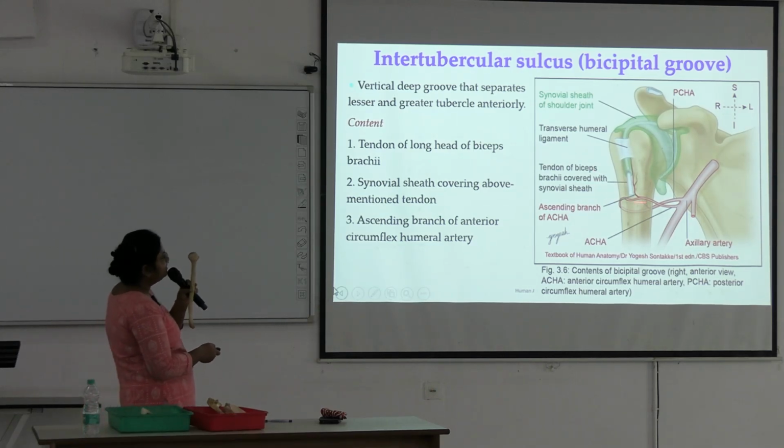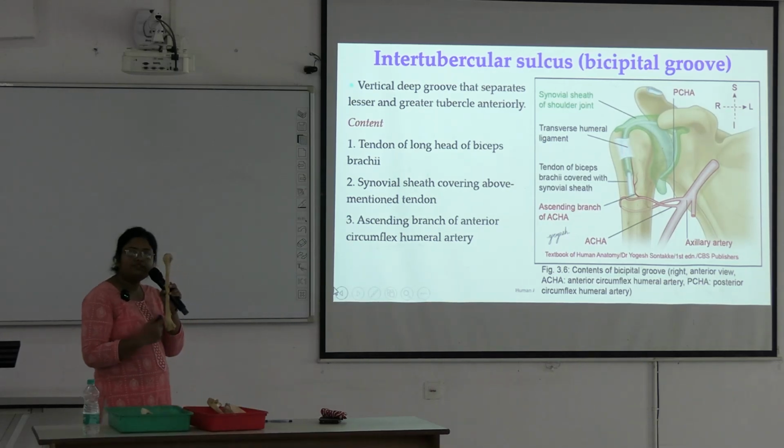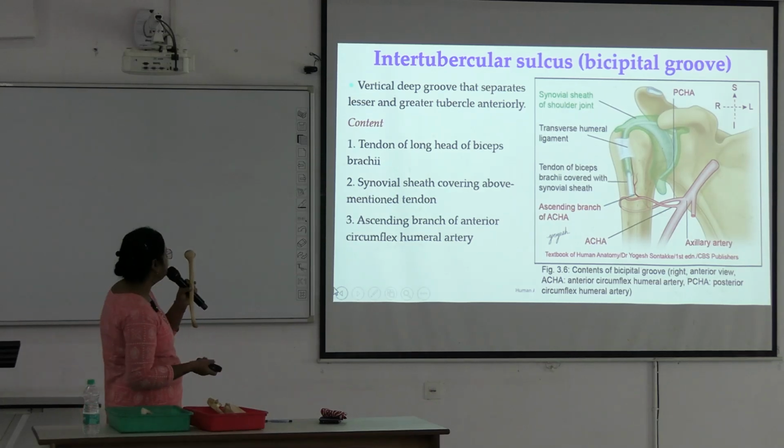And see here, this is anterior circumflex humeral vessel. Here is the posterior circumflex humeral vessels. One ascending branch is entering into this intertubercular sulcus. So this tendon, this synovial sheath and this ascending branch of anterior circumflex humeral artery are the contents of the bicipital groove. Understood?